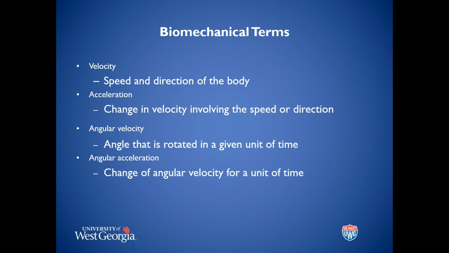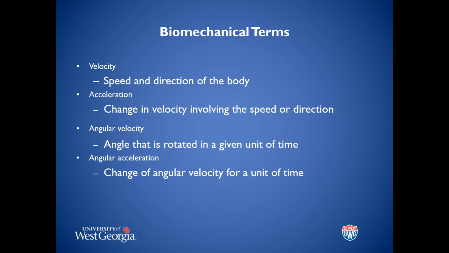You then have angular velocity. So just like velocity, it's talking about that speed and direction, but with angular, we're talking usually about an angle. So think about a circle. If you draw a circle, we call that 360 degrees. What angle is it being rotated in a given unit of time? So how many degrees are you moving?